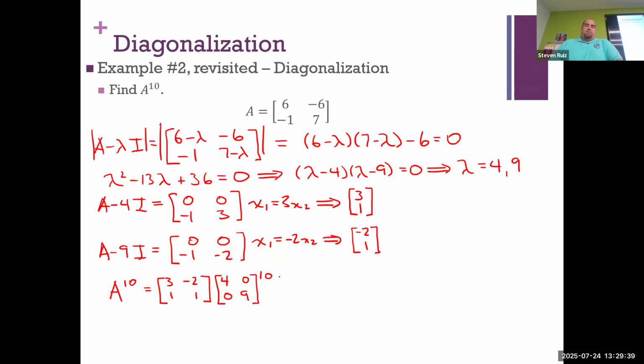That raised to the 10th times the inverse of P. I think that's the inverse. Okay.